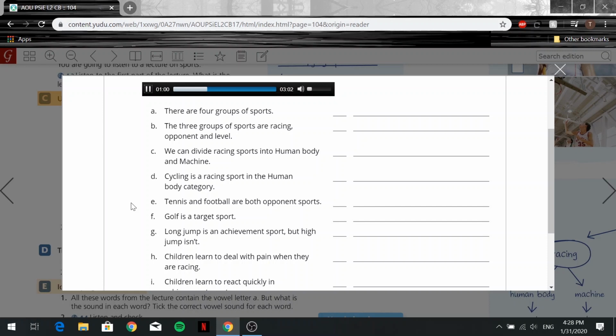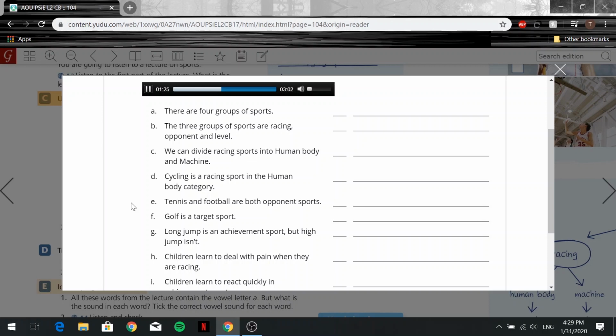Cycling uses bicycles. Motor racing uses cars, for example. What about the second group? Opponent sports. Once again, with opponent sports, there are two subcategories. The opponent might be an individual or a team. For example, we usually play tennis against one person, but we play football against a team.